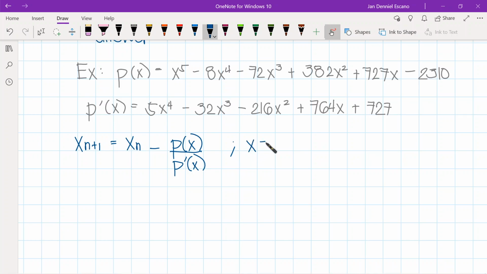Okay, so we set our starting point to x is equal to 0. So we have x sub 1 is 0.